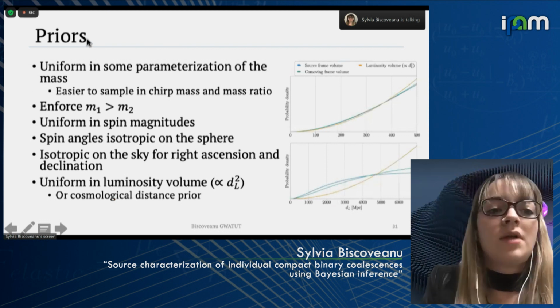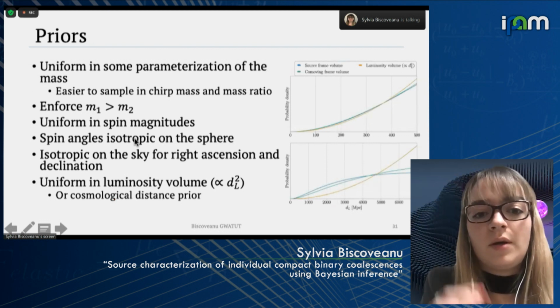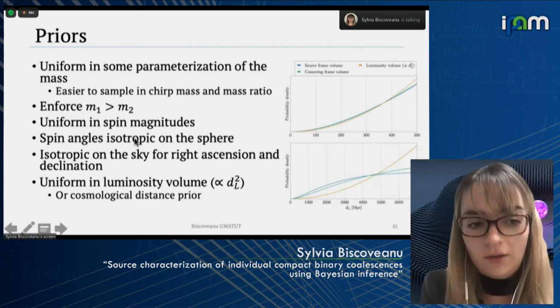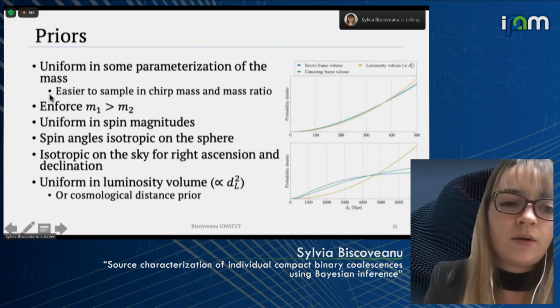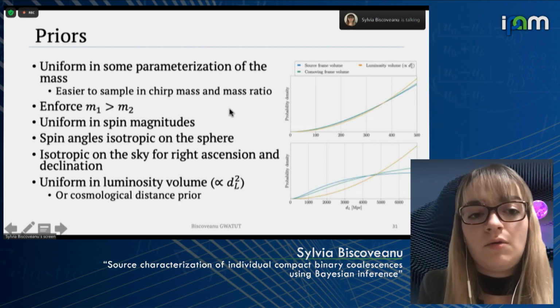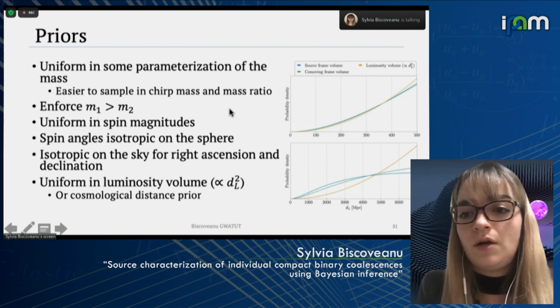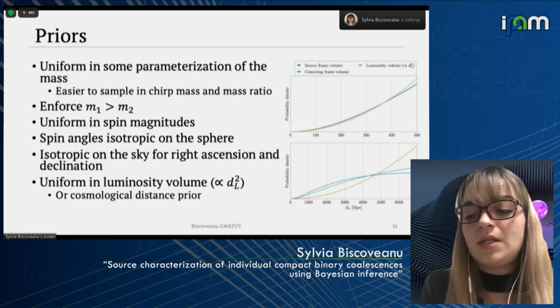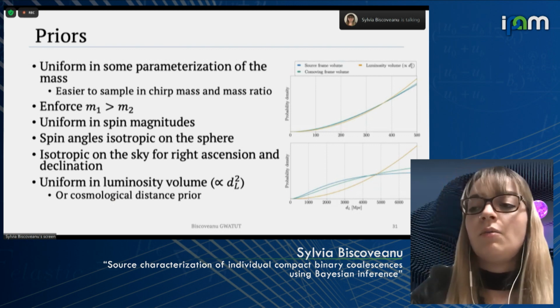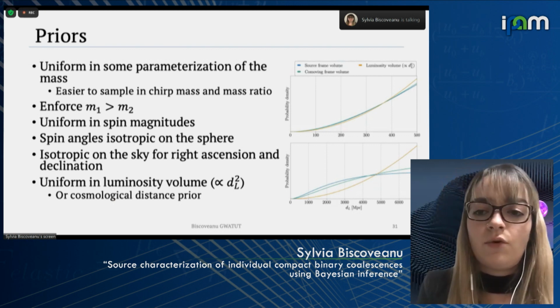Right, and so now we can talk about the priors that we apply to these parameters when we try to measure them using Bayesian inference. So we usually choose the priors to be uniform in some parametrization of the mass. And in this case, usually what we assume for individual compact binaries is we want to take the priors to be uninformative.